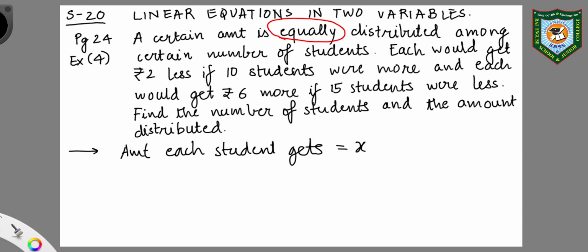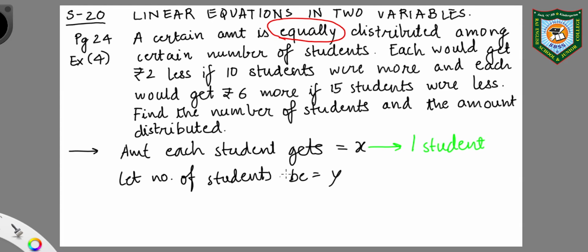So in this case, I'm assuming the amount that each student gets is x. And remember, the total amount is distributed among the number of students, but this x amount is the amount that one student gets. This is very important, and we'll see ahead why it is so. Now, going ahead, is distributed among a certain number of students. So now we know what we have to take as our second unknown variable. So let the number of students be equal to y.